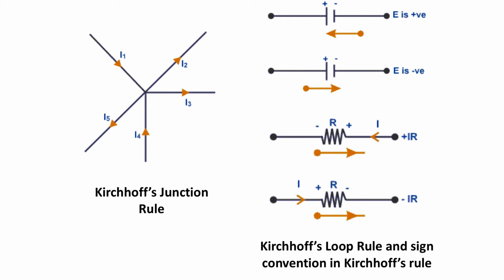Currents going into the knot, we mostly put as positive. Currents leaving the knot, we put as negative. But you can put it vice versa.